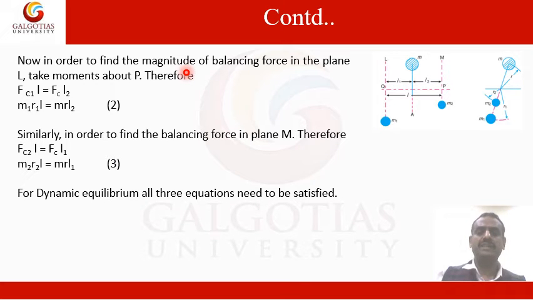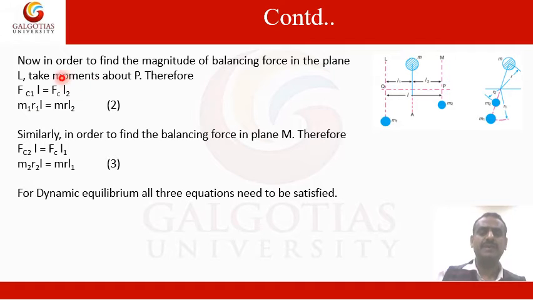Now, in order to find the magnitude of balancing force in plane L, take moment about P. The centrifugal force produced in plane L, that is Fc1 into L, and the moment for the disturbing mass is Fc into L2.